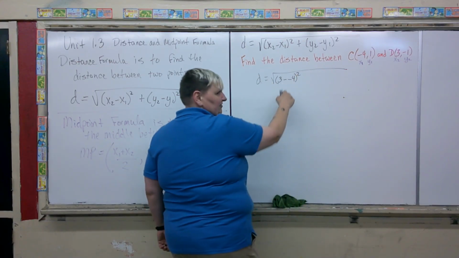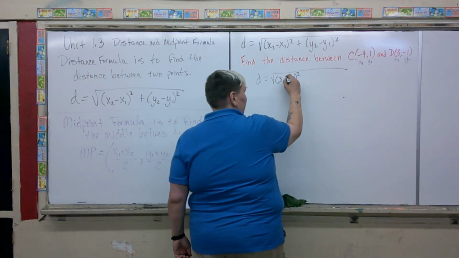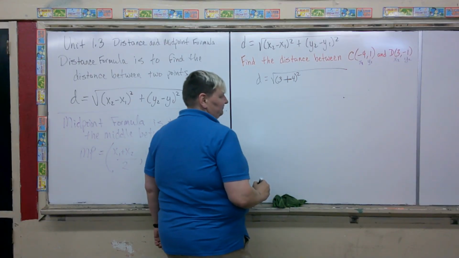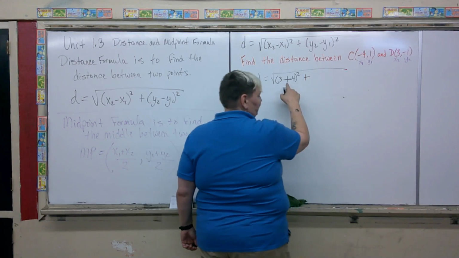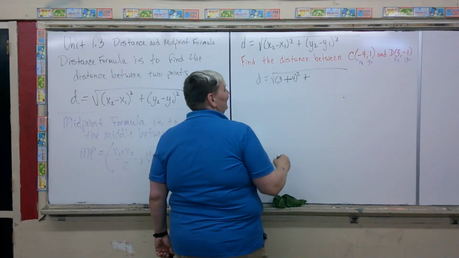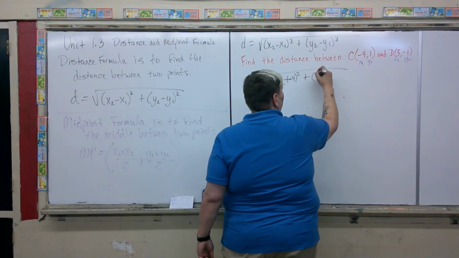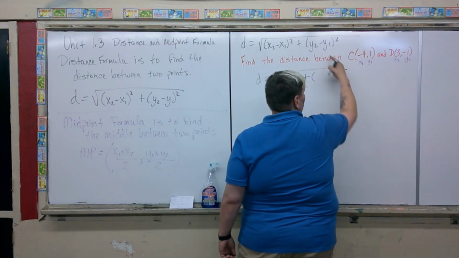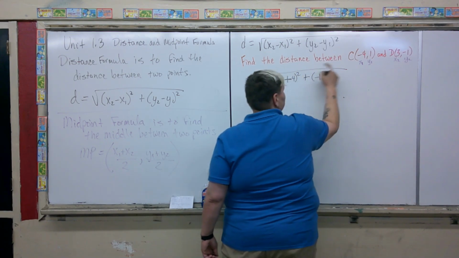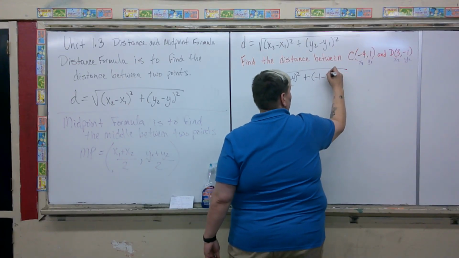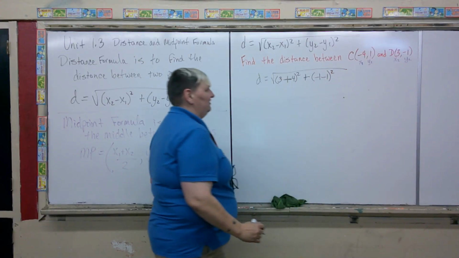Already ended up with another double negative. Go ahead and change it to a positive. Then we have plus, this prevents future mistakes. We have y squared minus y1, parentheses squared.